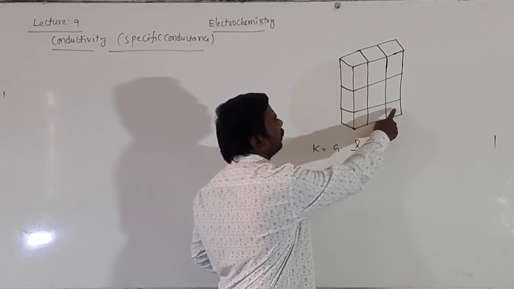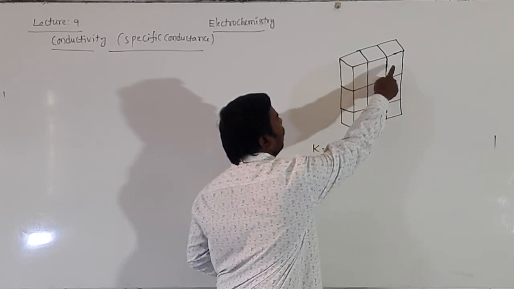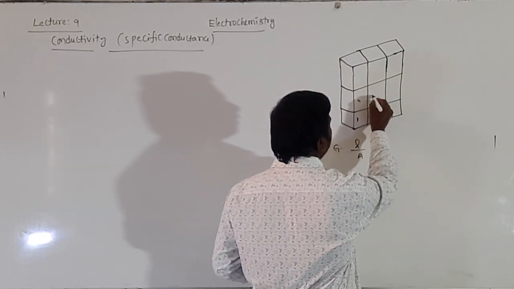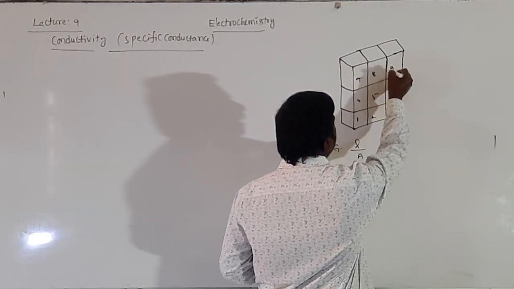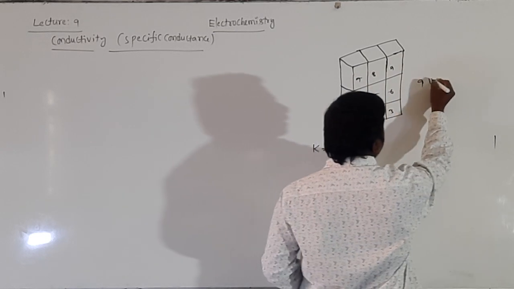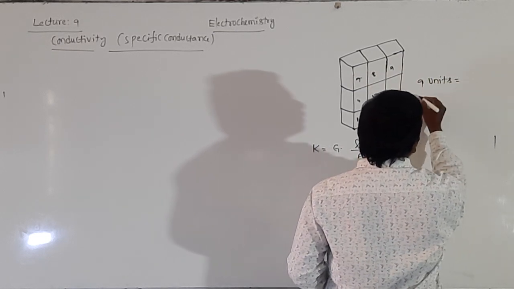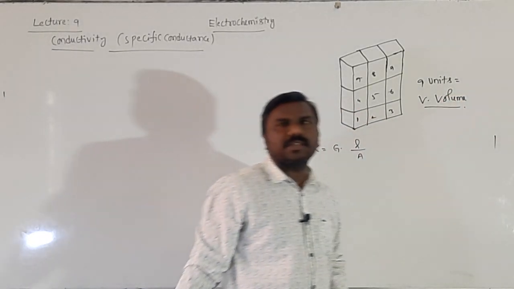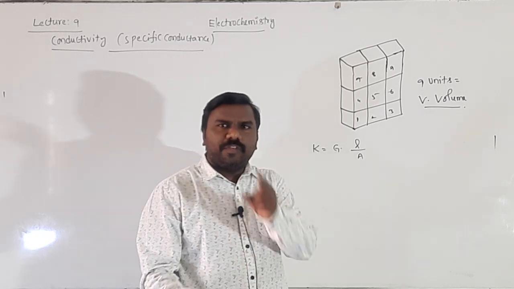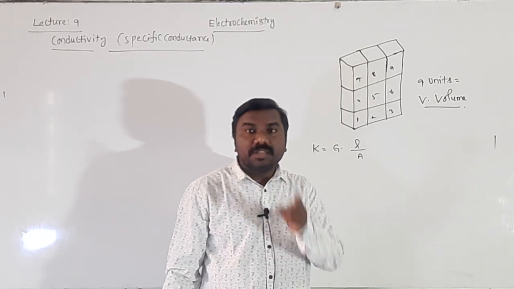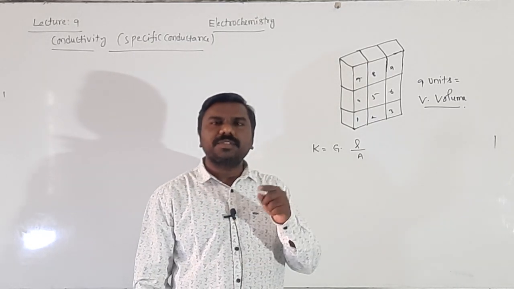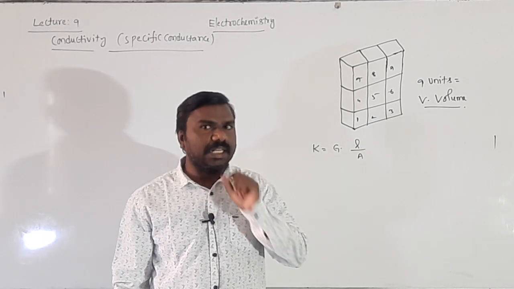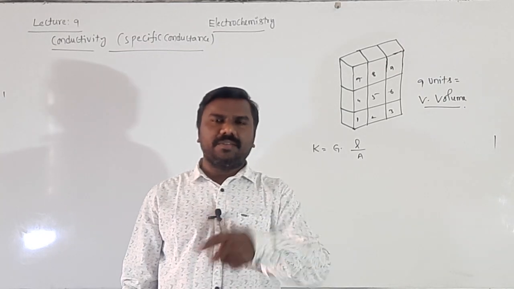So this is one unit, 2, 3, 4, 5, 6, 7, 8, 9. Totally 9 units are there. 9 units means it is V volume. It means the total volume is equal to 9 units, students. If I take only one unit, a unit volume of solution, its conductivity is called specific conductance or conductivity.